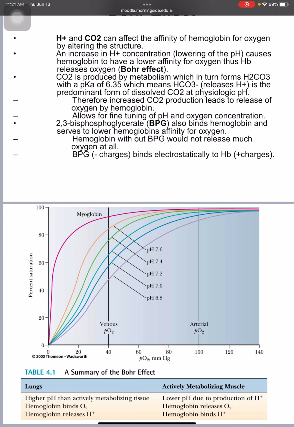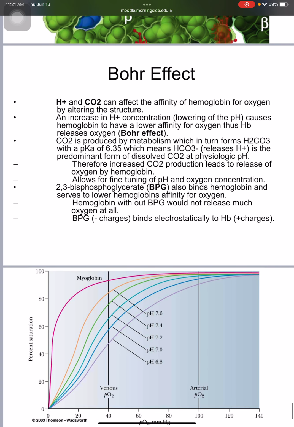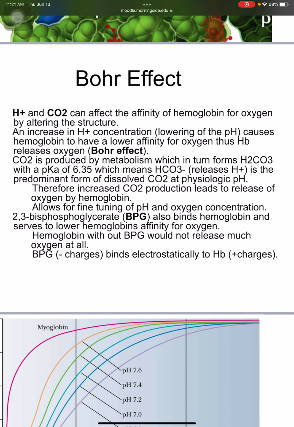One last thing to mention, going back up to this slide, towards the end, is a molecule or compound called 2,3-bisphosphoglycerate, or BPG. All right, this is an important species. This is pretty much always present in some concentration on hemoglobin. You can have higher levels or lower levels depending on the situation.